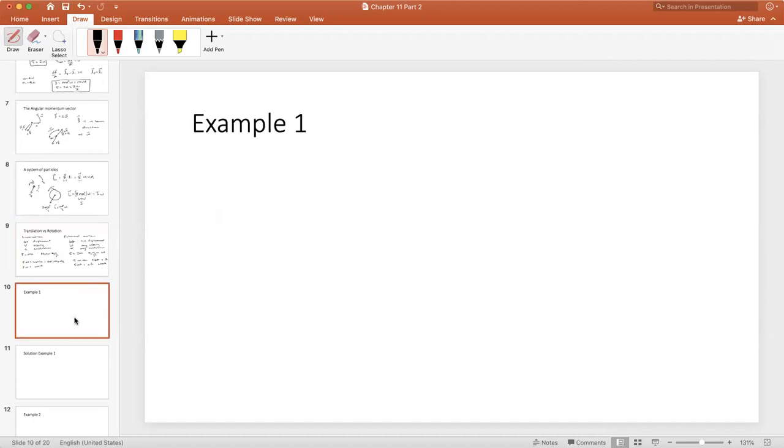Example one, I'm gonna describe this really fast and then we're gonna solve it. So let's go back to that electron, and let's say this electron is rotating at a distance of r equal to half a meter with some initial angular velocity of 2 rads per second, okay?